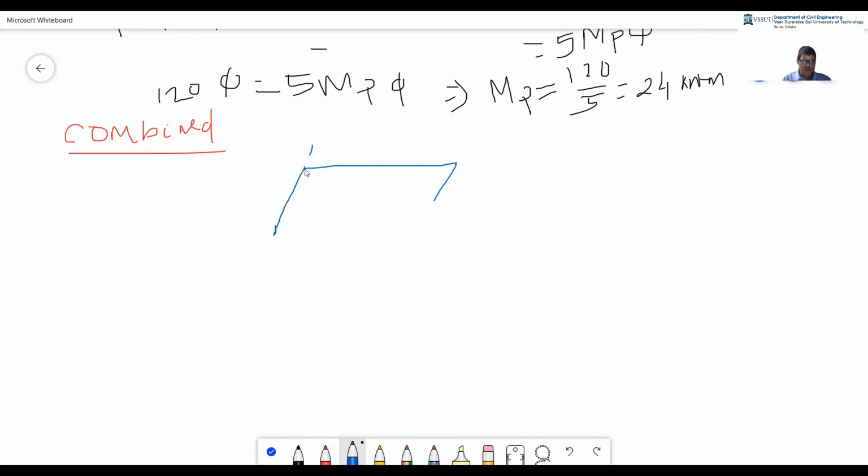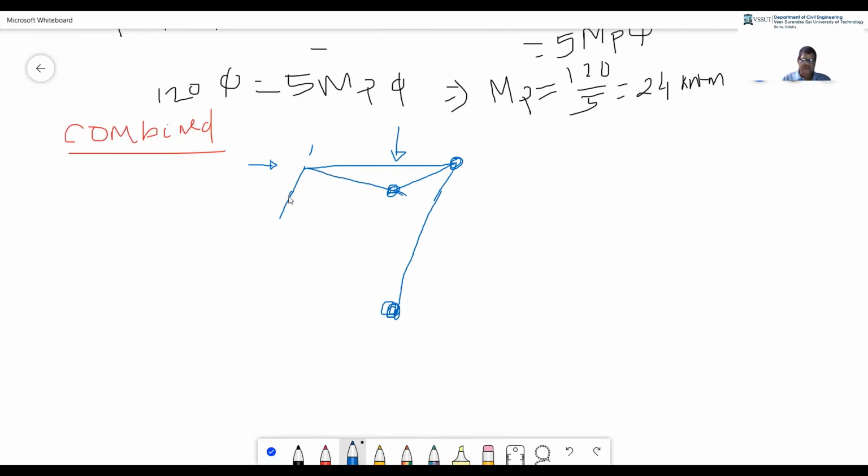There is a load at the center. There will be a hinge here. You have a load here and a load here.